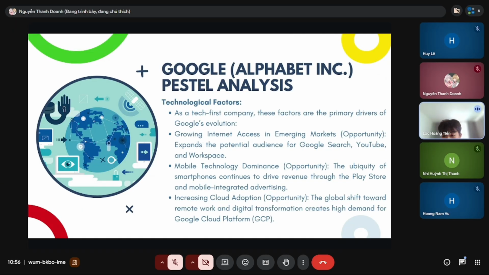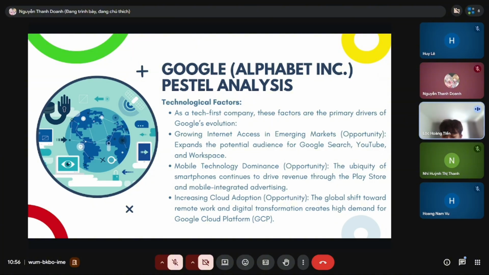Next, we'll talk about the technological factors. As a tech-first company, these factors are the primary drivers of Google's evolution. The rise in social media users is both a threat and an opportunity, while competing for user attention. Growing international access in emerging markets expands the potential audience for Google Search, YouTube and Workspace.